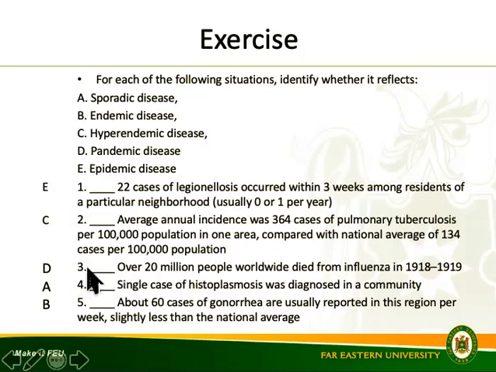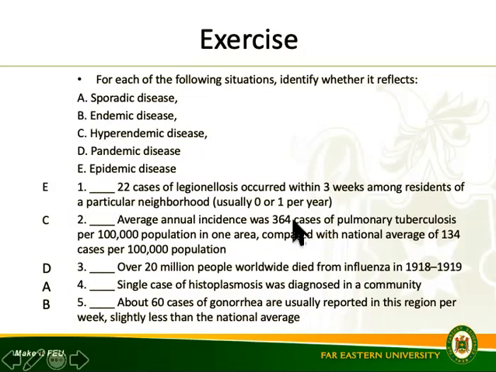For number three, it's very clear, just like what is happening right now with COVID-19, there is a pandemic. And for number four, the single case of histoplasmosis is described as a sporadic occurrence. And for number five, about 60 cases of gonorrhea usually reported in this region per week, slightly less than the national average, is an endemic occurrence.